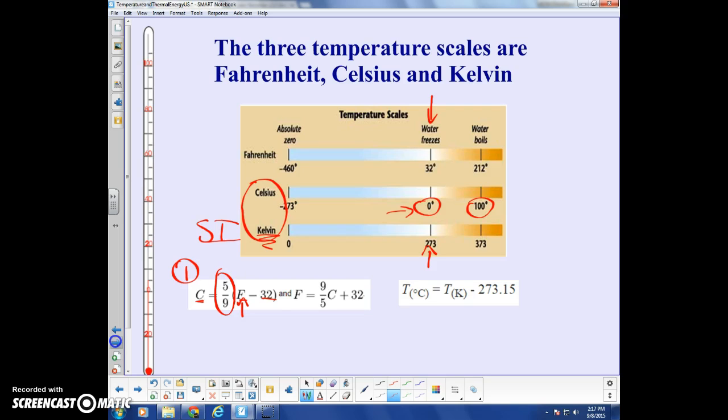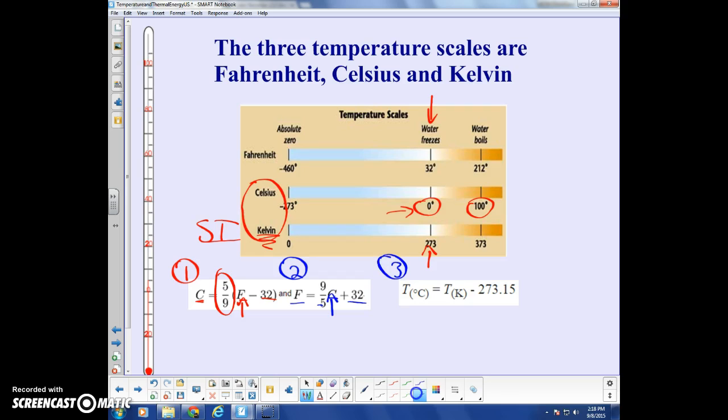If you're going the other direction, from Celsius to Fahrenheit, you use formula number 2, in which you take your measurement in Celsius, multiply it by 9/5, and then add 32 degrees. You'd get degrees Fahrenheit.